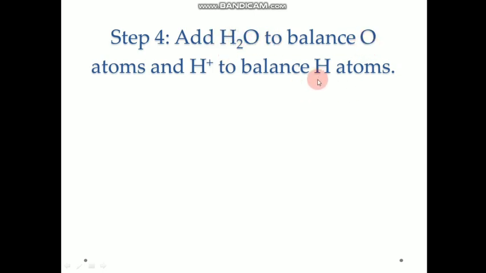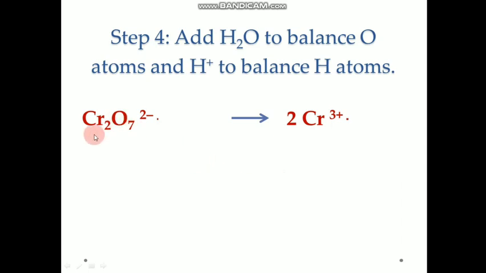Or however many hydrogen atoms we need, the same number of H+ ions we can add to either side. This is what we do in acidic medium, and we did the same step in the previous method also, but the only difference is that here we are considering just the half reaction. The balancing is done on the half reaction. Then finally we will sum it.